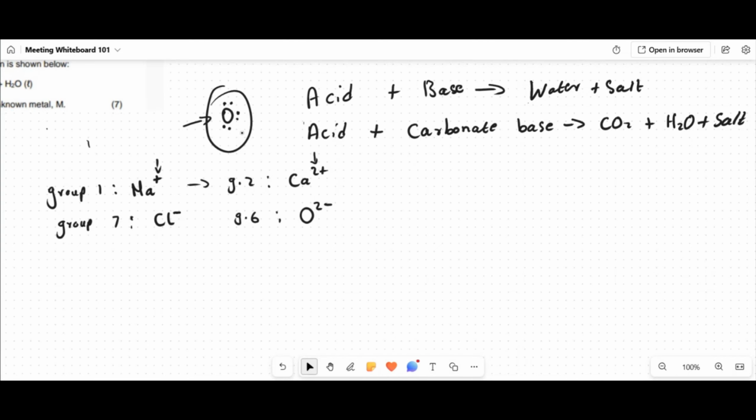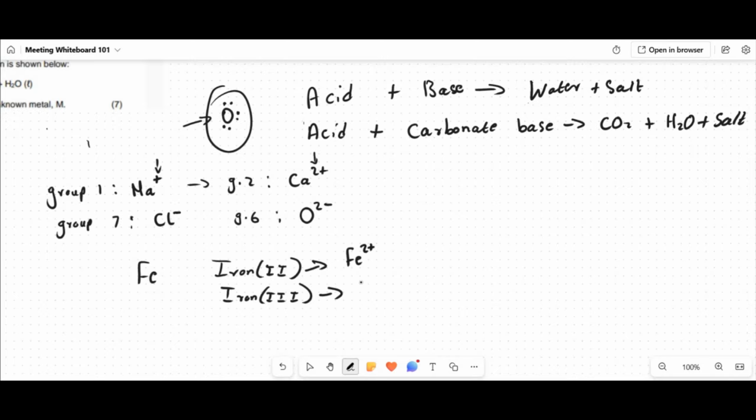So how about elements that are in group number 3, especially things like iron, right? For iron, they will either say iron 2 or iron 3, something like this. Once they give you iron 2, they actually mean that your iron can donate 2 electrons, which means it is Fe2 plus.